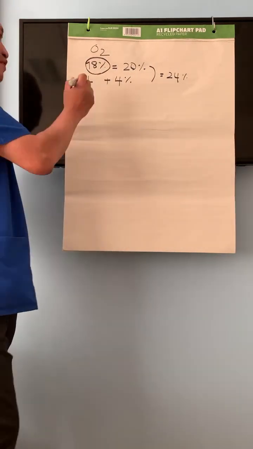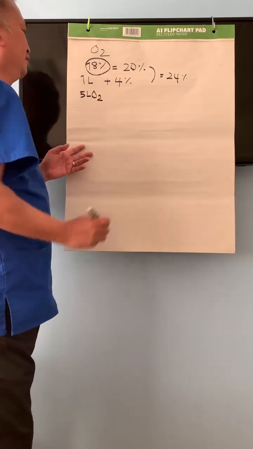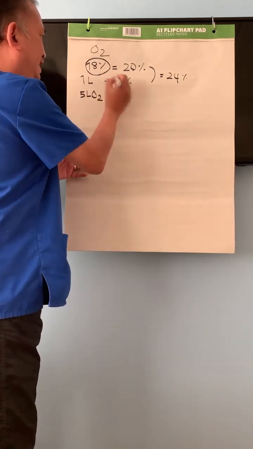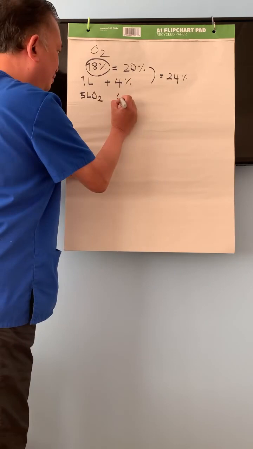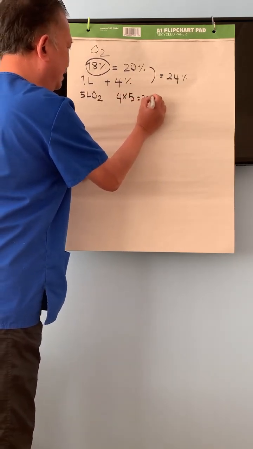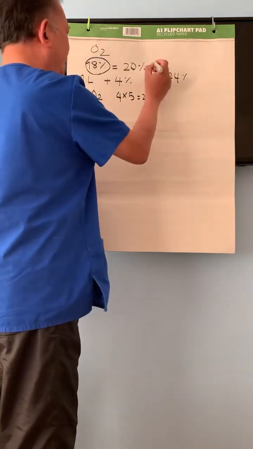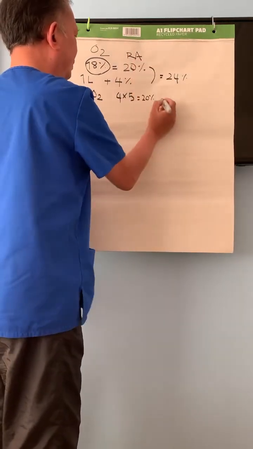For example, someone needing 5 liters of oxygen: every liter is 4%, multiplied by 5 liters, so that person is getting an additional 20% on top of the room air we breathe.